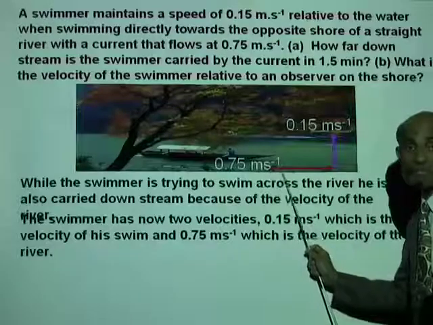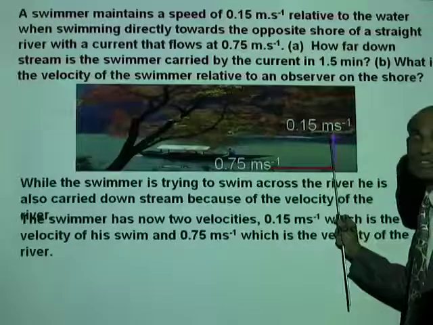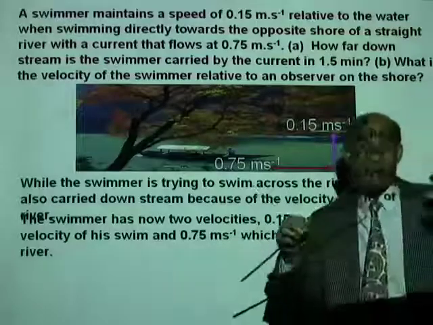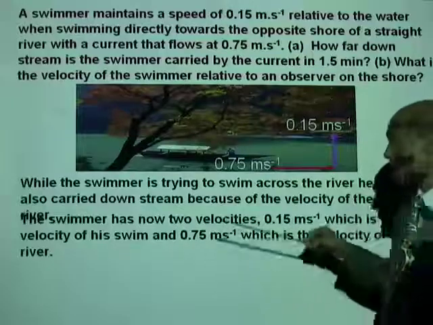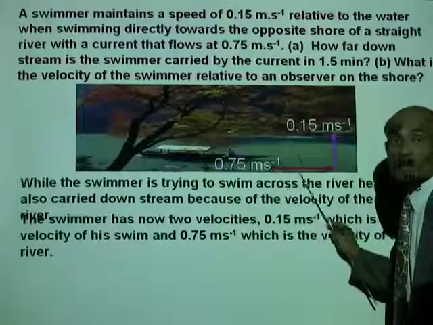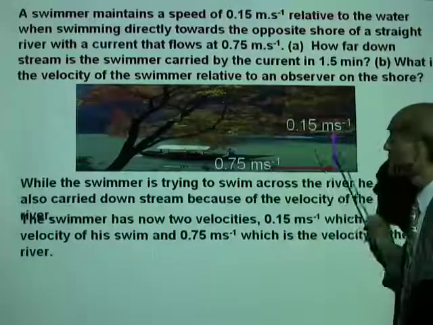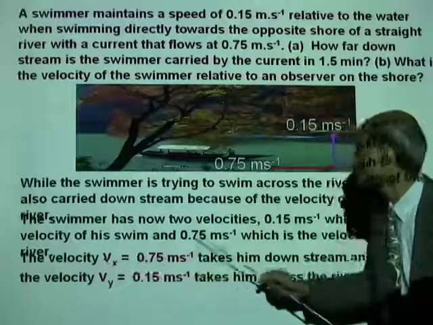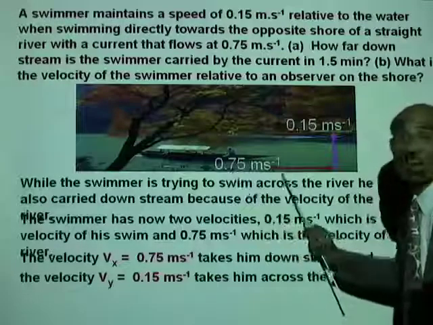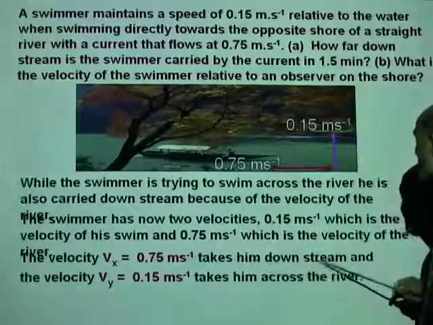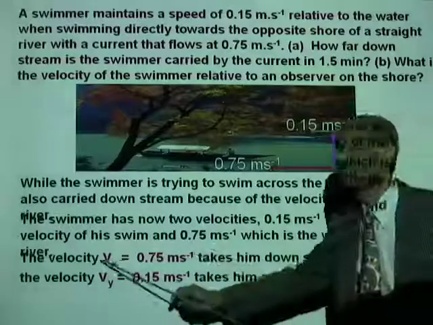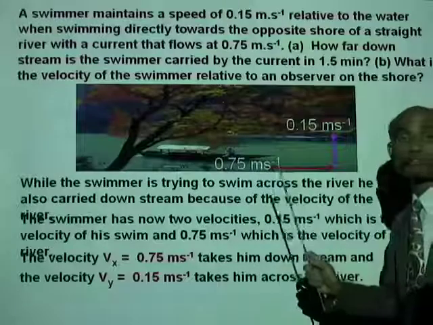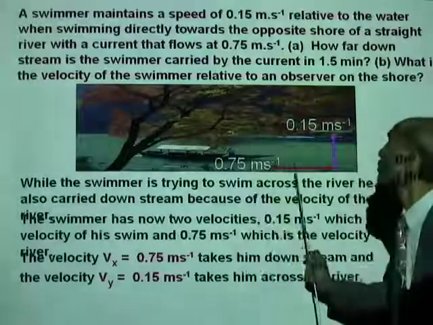He is subjected to these two velocities, and therefore his velocity as observed by an observer on the shore will be somewhere this way, the resultant of these two velocities. The velocity Vx equal to 0.75 meters per second takes him downstream, and the velocity Vy equal to 0.15 meters per second will carry him across the river.